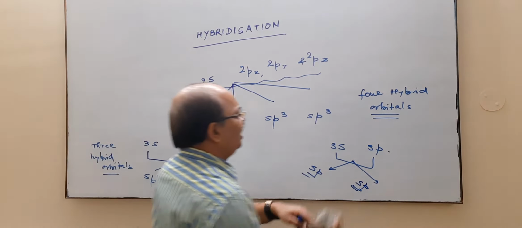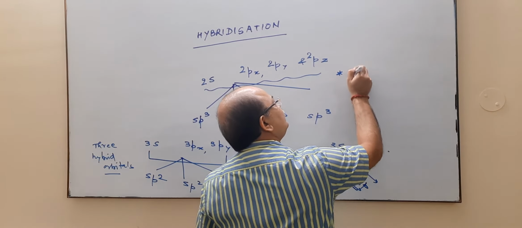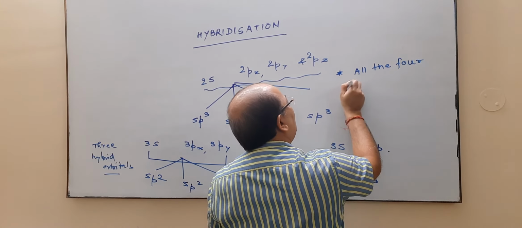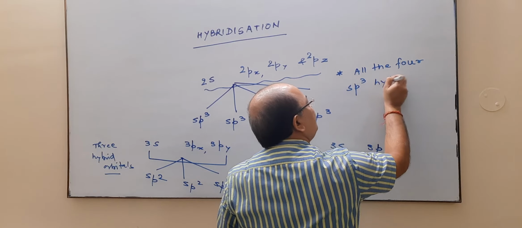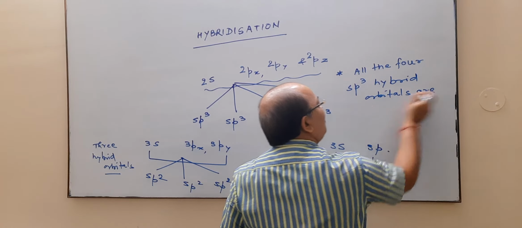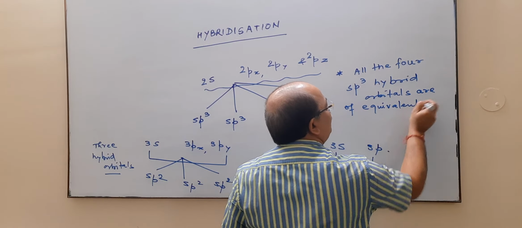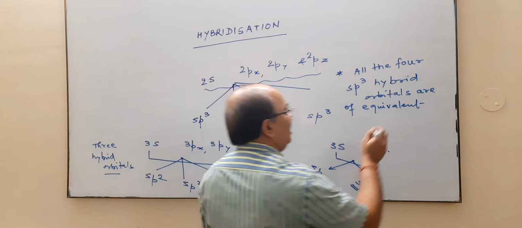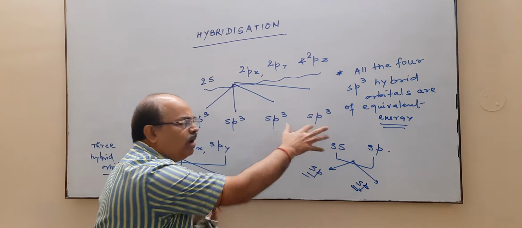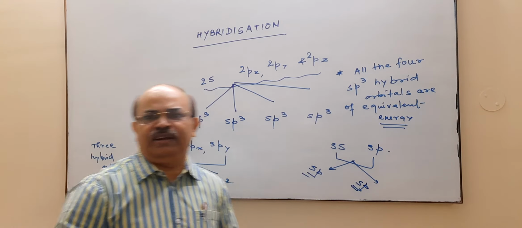It means in this case all the four sp3 hybrid orbitals are of equal energy. बेहतर होता है यहां आप बोलते हो equivalent, are of equivalent energy. तो यहां चारों, all the 4 sp3 have equivalent energy.